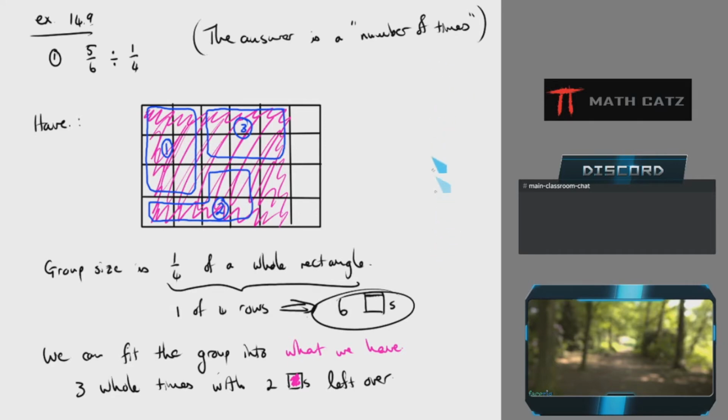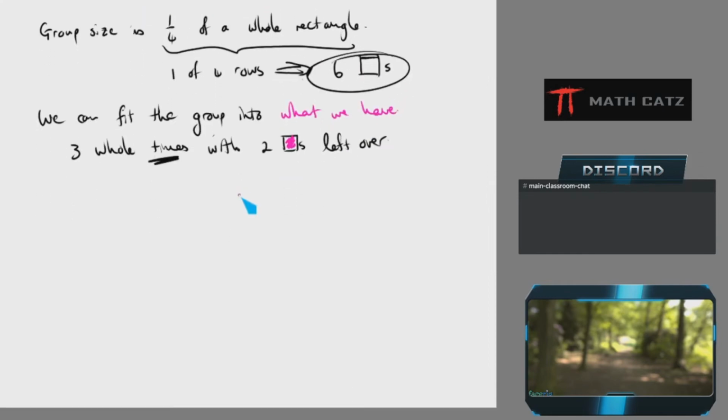So because the instruction is different when it comes to division intuitively, the answer sort of, I don't want to say the units of the answer, but in a way, the unit of the answer and the unit of what I started with, they're not the same. I was doing something completely different. So here, it's a number of times that I'm trying to represent in fraction form. Yeah, not confusing at all, right?